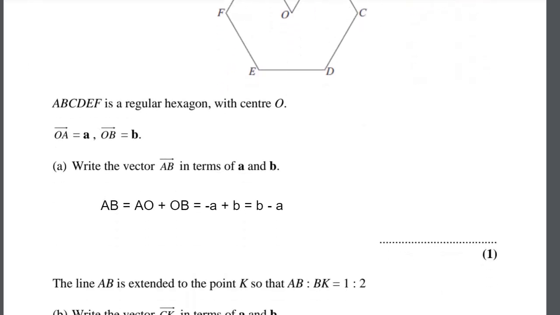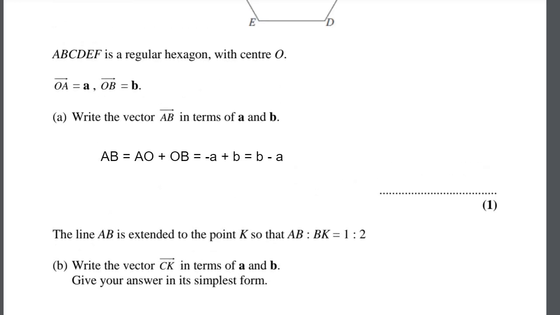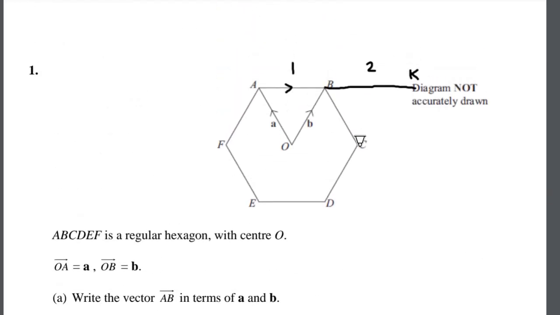So in this situation, we need to figure out the vector CK. So we need to think about how to go from C to K. Now C is right here. So if we need to go from C to K, we can take this route.